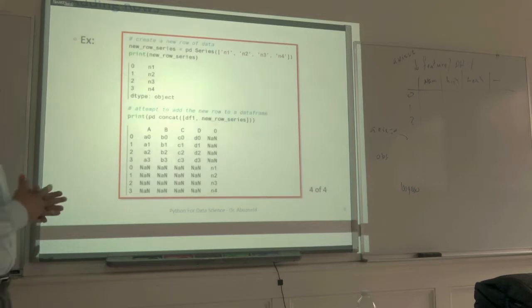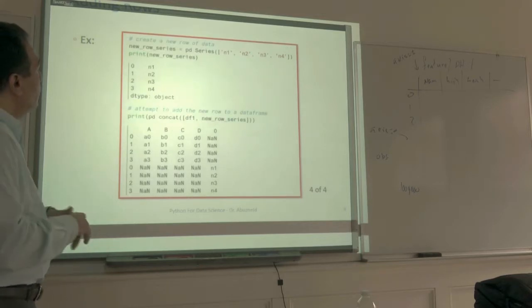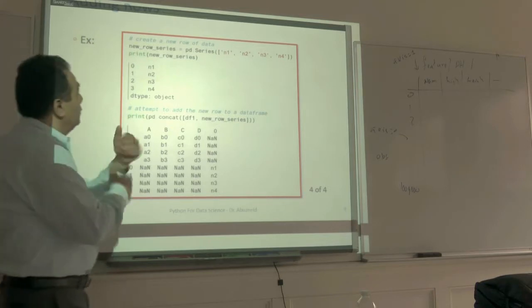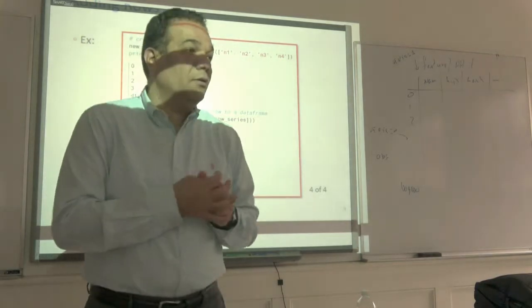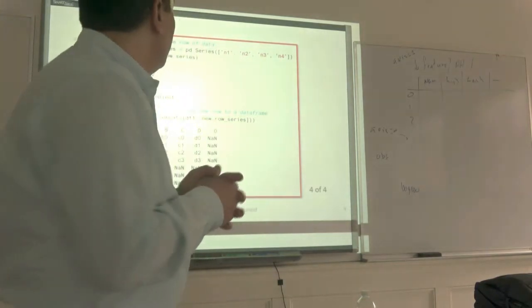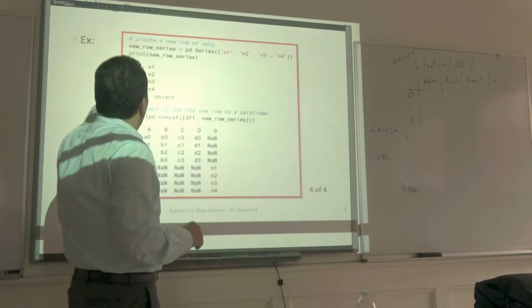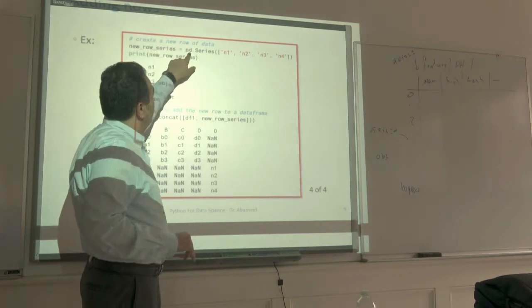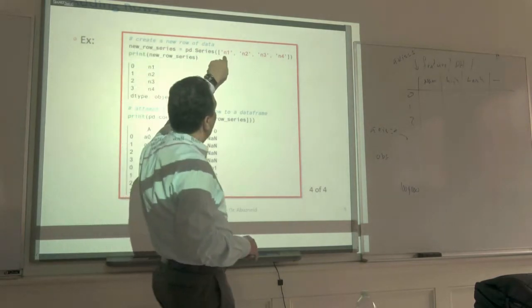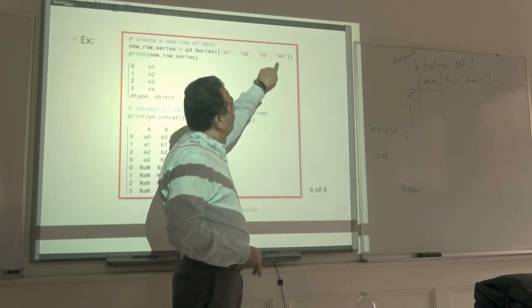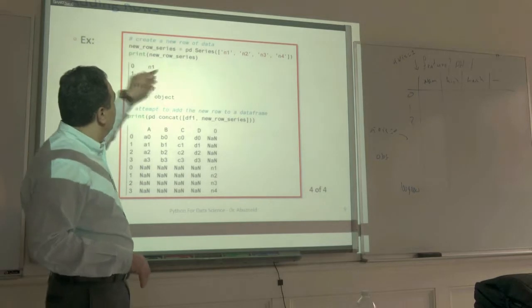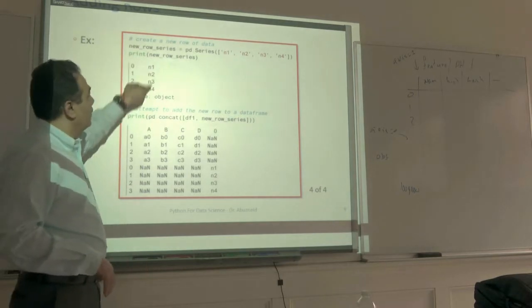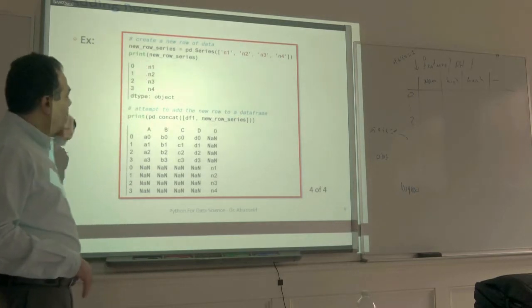Then, create a new row of data. What is a row in any table? A series. So here I created a new row series, pd.Series, with N1, N2, N3, and 4. If I print it, it's a series, and if I do type on it, it gives me a series.